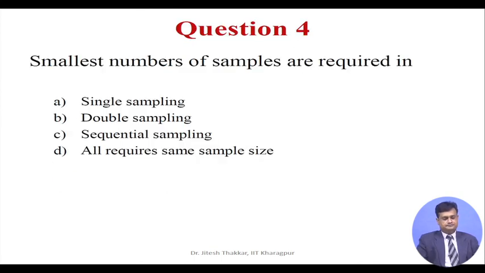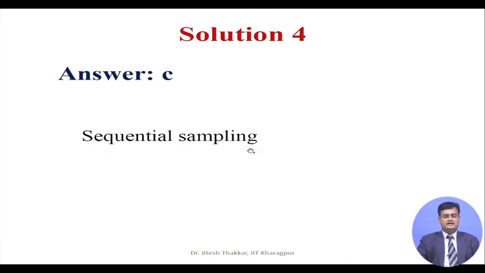Question 4. Smallest number of samples are required in A, single sampling, B, double sampling, C, sequential sampling, and D, all require same sample size. So, the correct answer is C, sequential sampling.